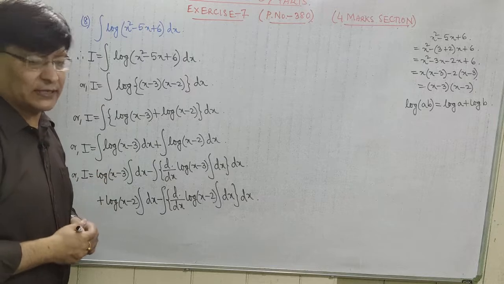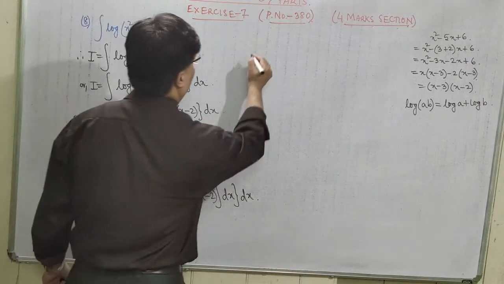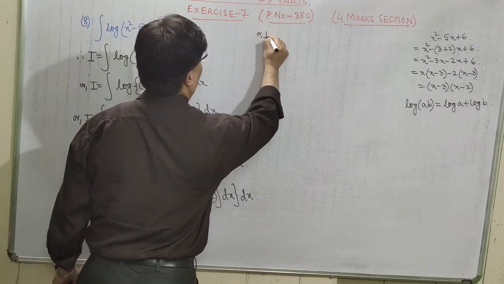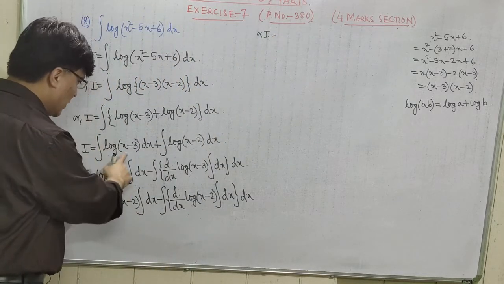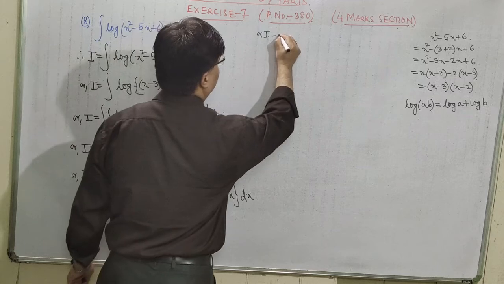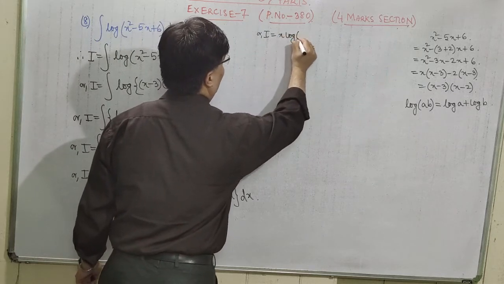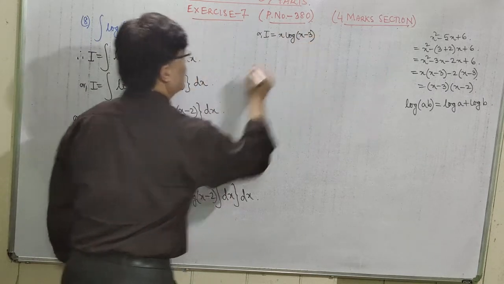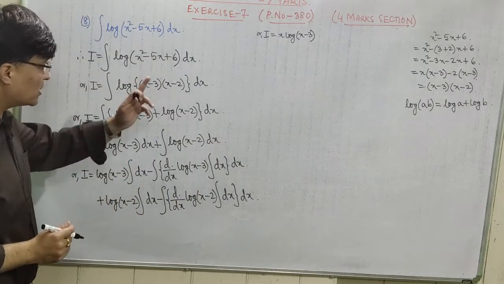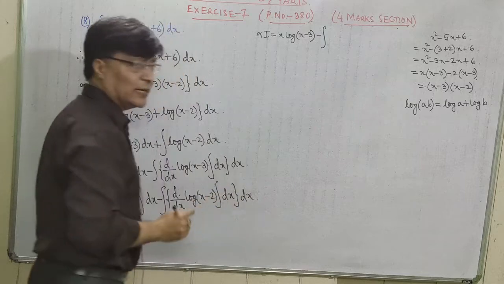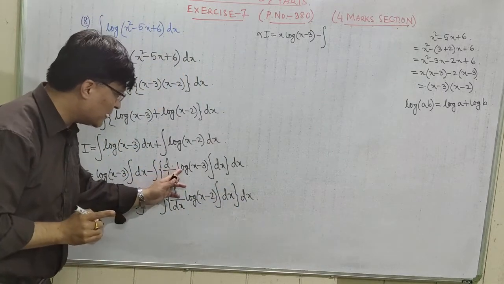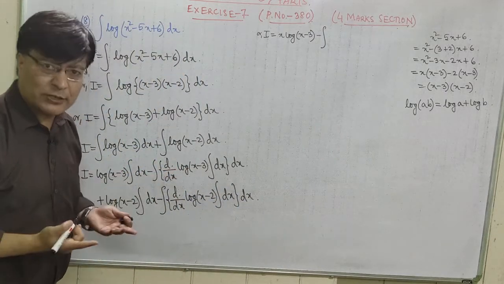So now let us simplify it. I is equal to, let us first integrate. What is integral sign dx? x. Then log of x minus 3 is kept as it is, minus integral sign. Now it is just like your dy dx of log x. X minus 3 is taken as x.